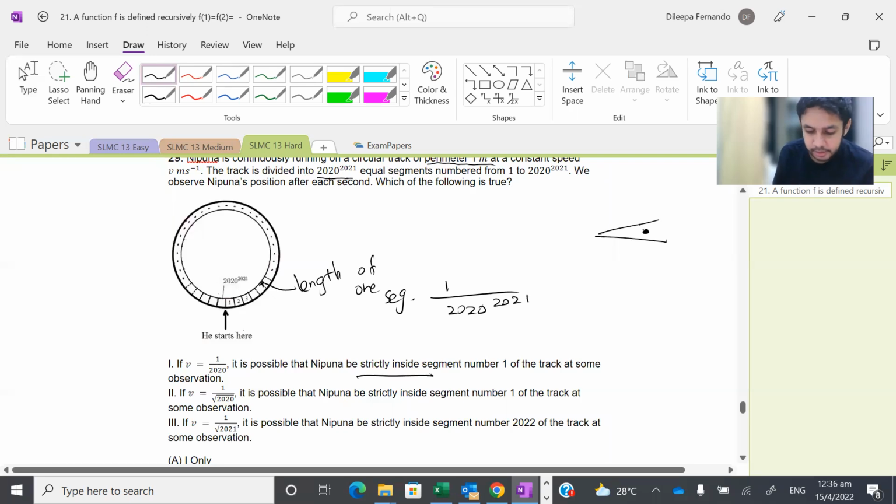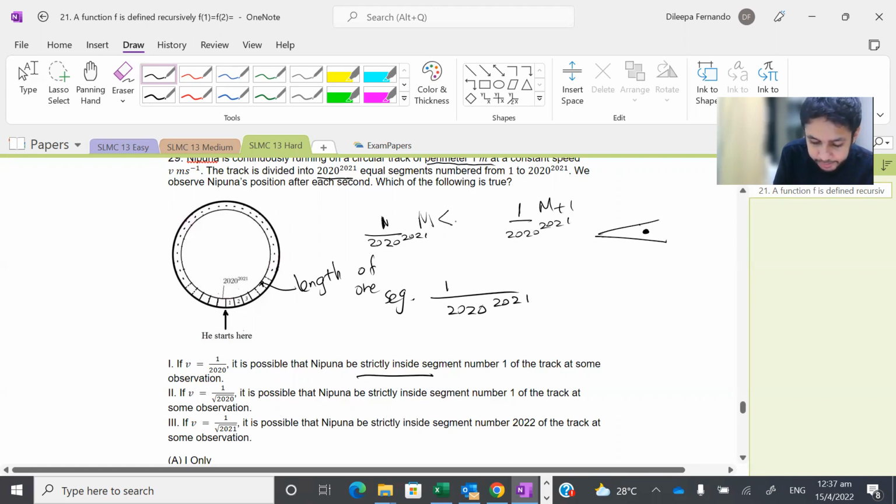That means it should be a number like 1 over 2020 to the power 2021. So these are the boundaries, right? This can be a boundary: an integer m times the length of one segment, and the next boundary is m plus 1 times the length.